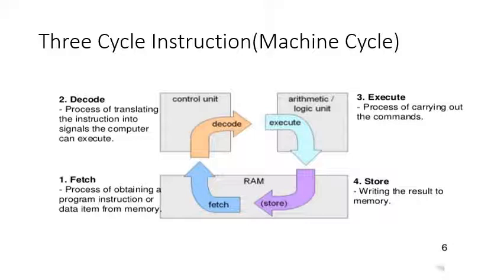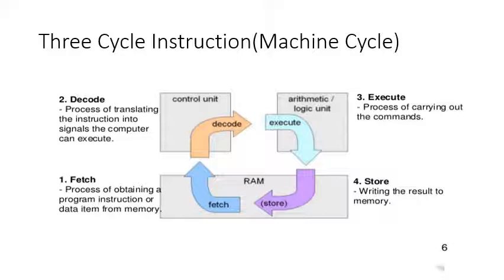After executing it, before sending it to the output device, the microprocessor is going to store it back in the memory. That is the fourth stage. So once the instruction is given to the microprocessor, it is going to first fetch that particular instruction and its relevant data from the memory. After fetching, it is going to decode.